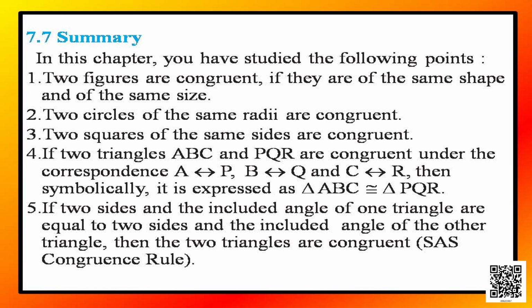If two triangles ABC and PQR are congruent under the correspondence A corresponding to P, B corresponding to Q and C corresponding to R, then symbolically it is expressed as triangle ABC congruent to triangle PQR. 5. If two sides and the included angle of one triangle are equal to two sides and the included angle of the other triangle, then the two triangles are congruent by SAS congruence rule.